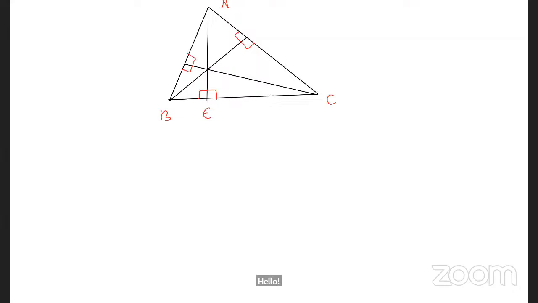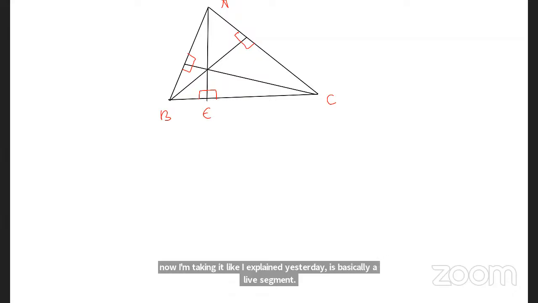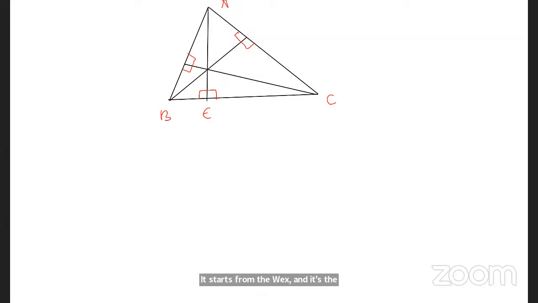Alright. Now, an altitude of a triangle, like I explained yesterday, is basically a line segment which starts from the vertex and meets the opposite side at right angle. It starts from a vertex, for example, B vertex. Okay, what is the side opposite to B? Ma'am, AC.